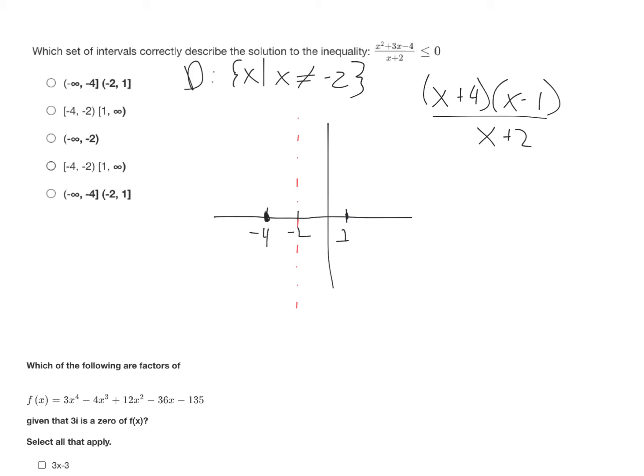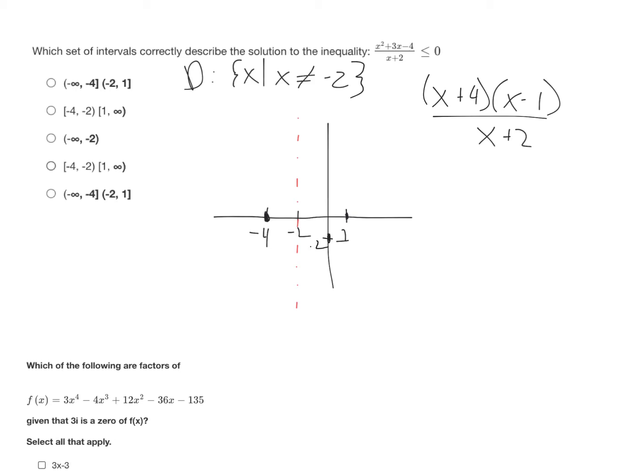So I'm going to plug 0 in for x. And if I do that, a little bit easier to see in the non-factored version, I'm going to get -4 over +2, which is a y-intercept of -2. Roughly there.